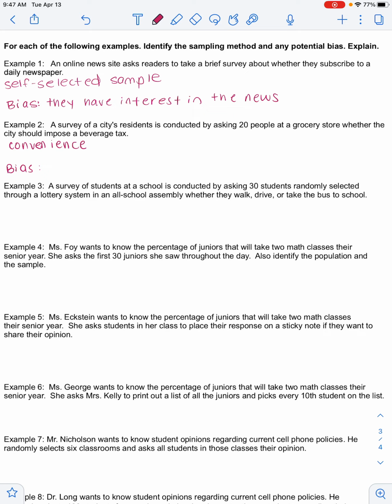So bias based on, maybe we could say based on location, because we're only going to one grocery store out of the whole city. And you could also have bias because they are shopping and could be buying beverages, so they might have a strong opinion.